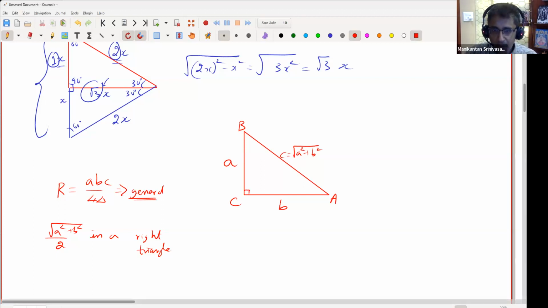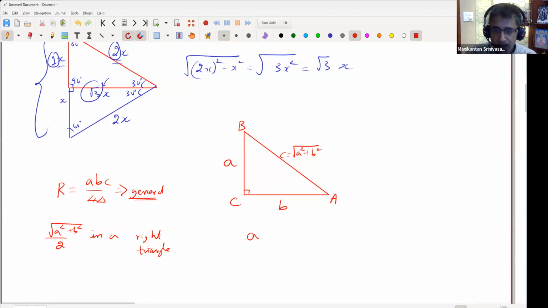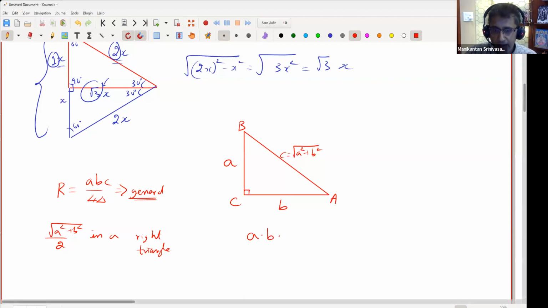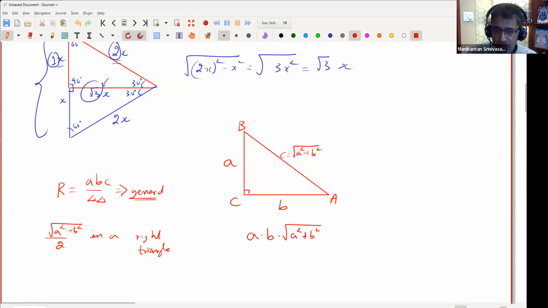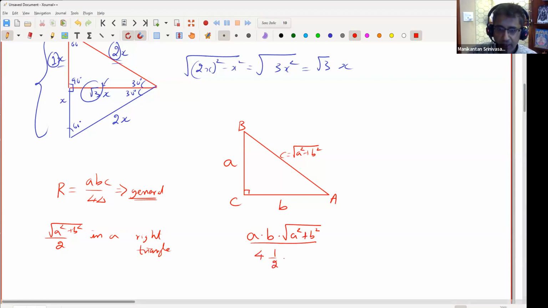Let's see. I'll just replace everything in terms of small a and small b. Small a, small b, and small c is nothing but the square root of a square plus b square. And then 4 delta. What is delta? Area, which is half into base into height, b into a. So a and b nicely cancel out, 4 and 2 nicely cancel out.